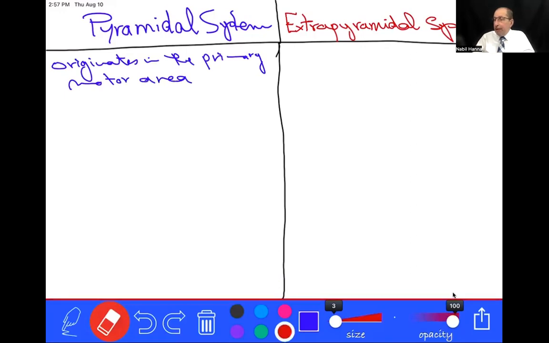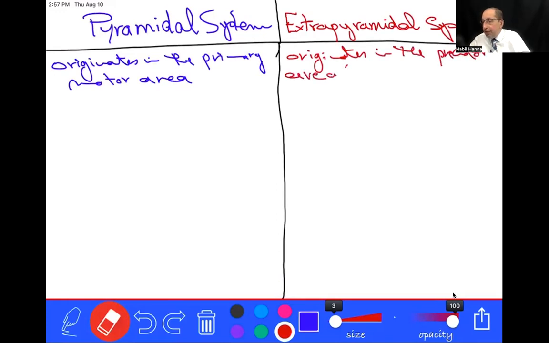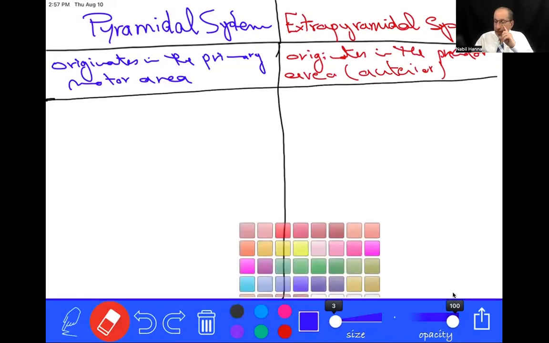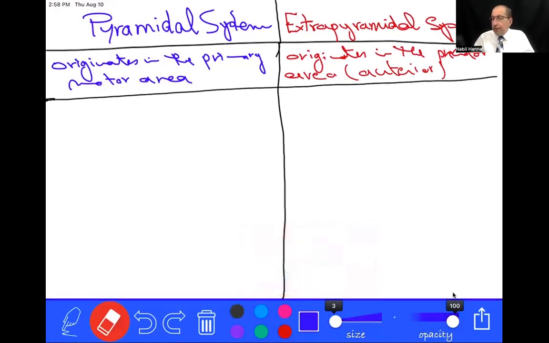The extrapyramidal originates in the premotor area, which is just anterior to the primary motor area. That's the first difference. What do we call the nerve fibers that come out of the primary motor area?